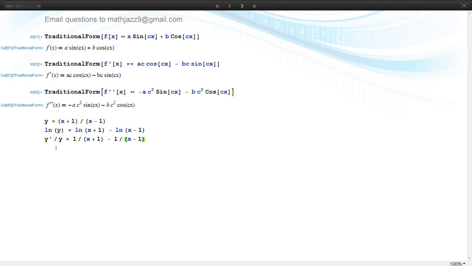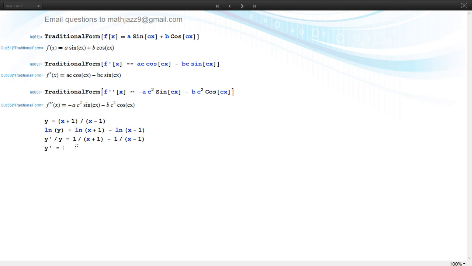And then we solve for y prime. Y prime is equal to, we multiply by y on this side, and since y is equal to this fraction here, we'll multiply the right side of the equation by this. If we wanted to, we could write it in two steps, where we first multiply by y on both sides and then we substitute.